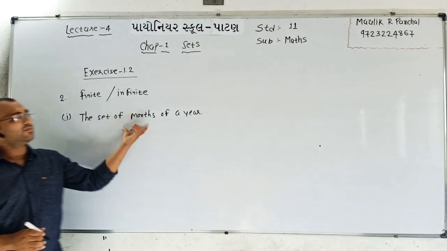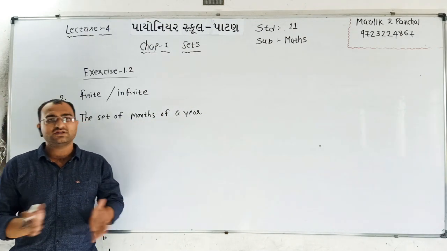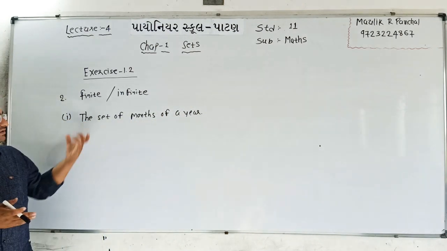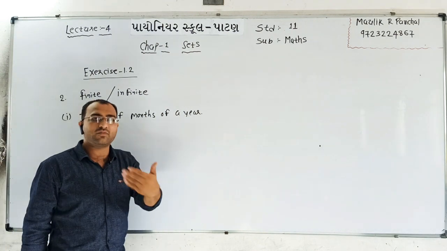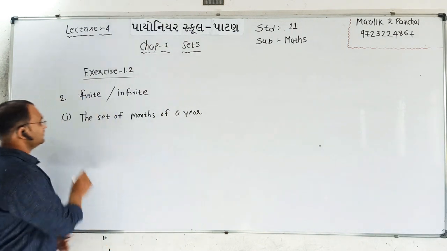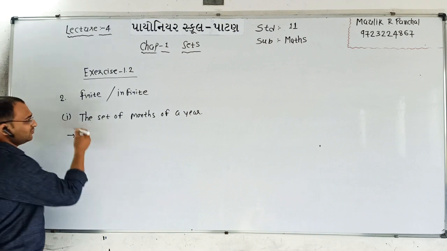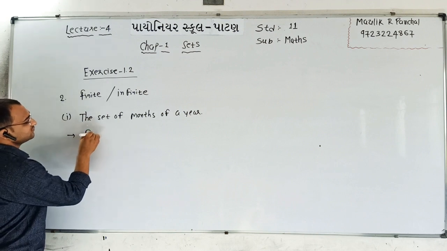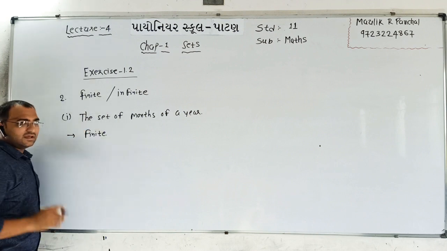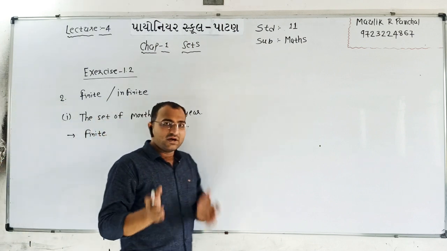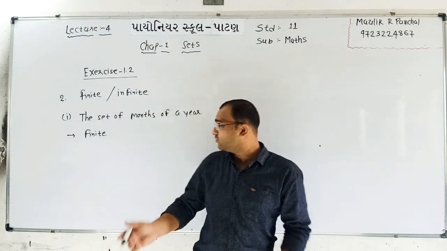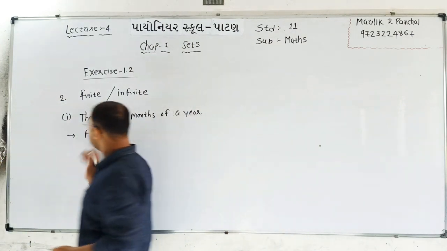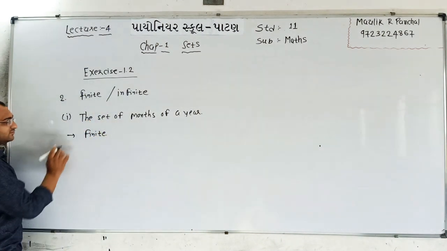We know the months of a year total 12 months. That means this set has a definite number of members, and is called a finite set. If any set has a definite number of members, it is called a finite set. That means the first is a finite set.